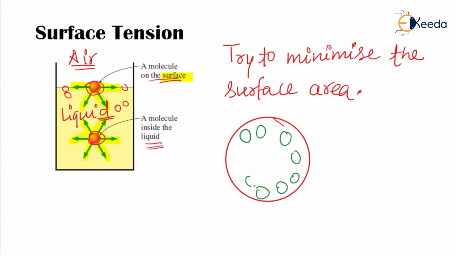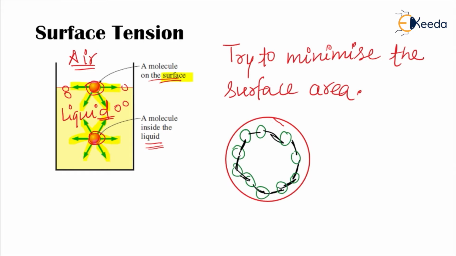There are various molecules like this, and there will be some force of attraction. These molecules are attracted, these are attracted, they are also attracted. Like this, they will be attracted towards each other.